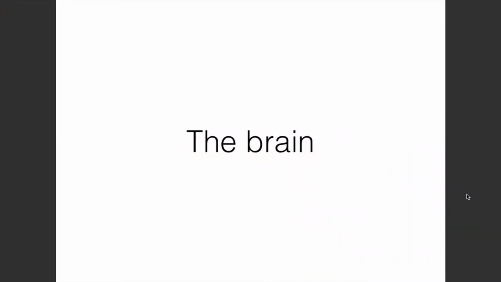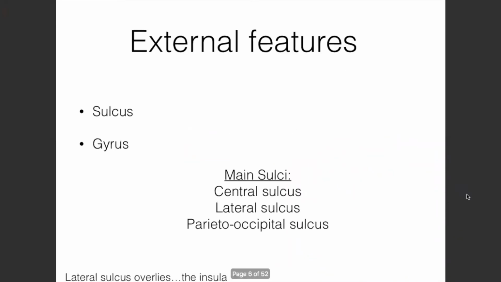Okay, next, we're going to be talking about the brain in detail. When we talk about the brain itself, we're going to be talking about the external features, and then the internal features. When it comes to the external features, the most important things are the sulcus and the gyrus.